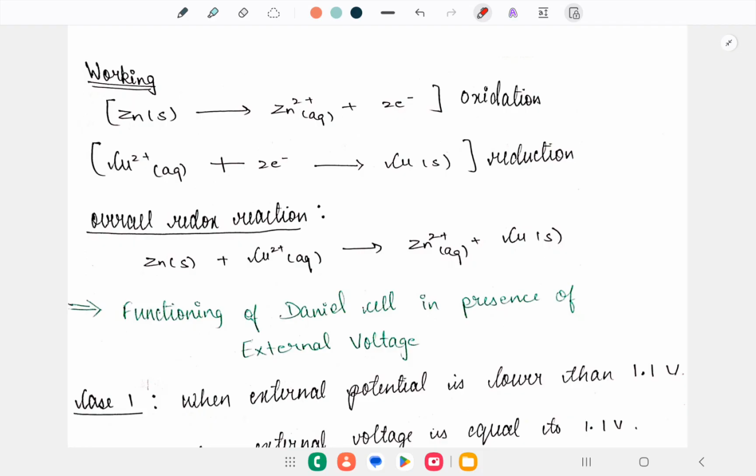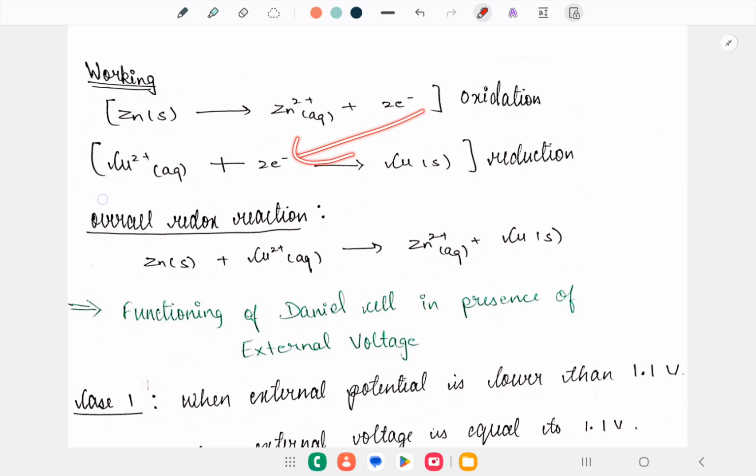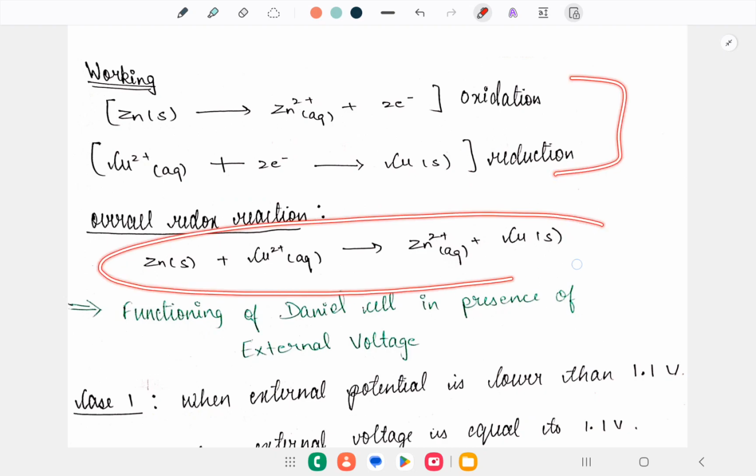Zinc is on the oxidation side, it will lose the electrons, so oxidation is taking place, and this is the reaction, losing 2 electrons, while copper will receive these 2 electrons and undergo reduction. When we combine both these reactions, we get this reaction by cancelling the electrons.